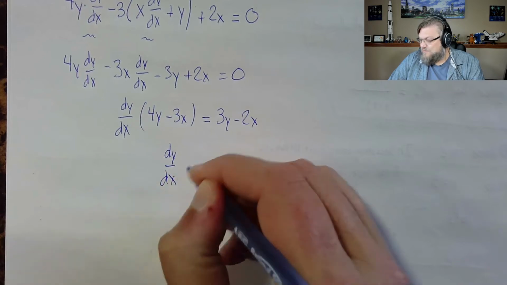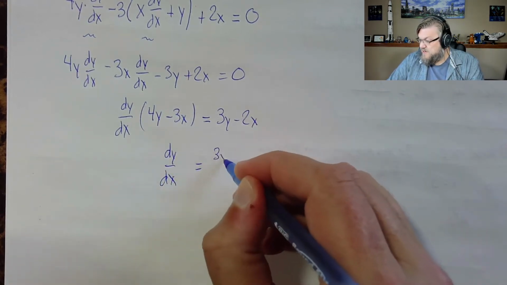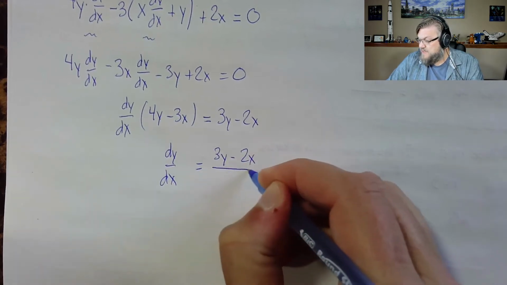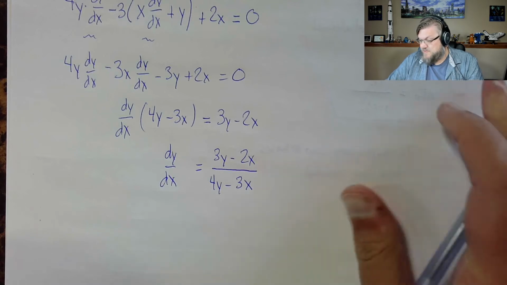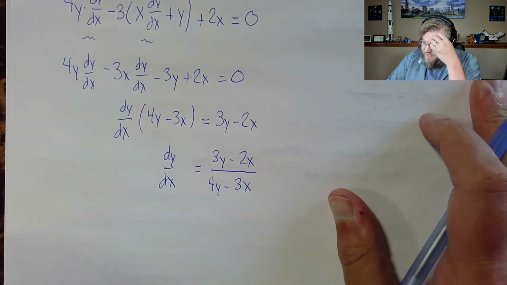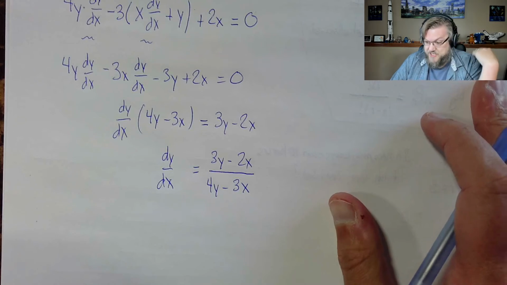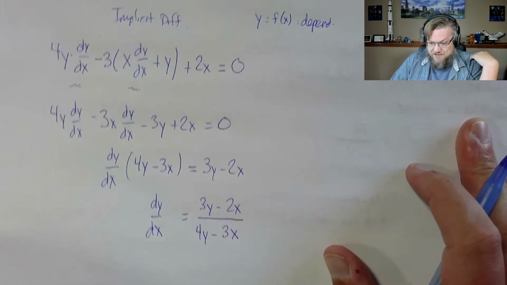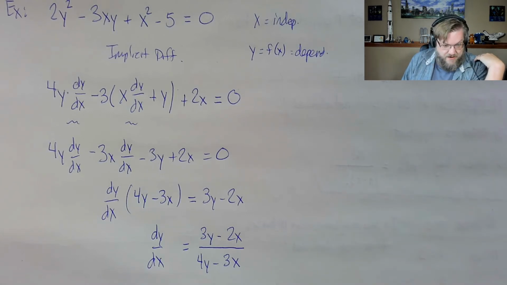So I end up getting that the derivative of the function y is going to be 3y minus 2x divided by 4y minus 3x. Something like that. And that was a process, and we called that process implicit differentiation. So you may or may not remember that from Calc 1, but that's what we ended up doing there.